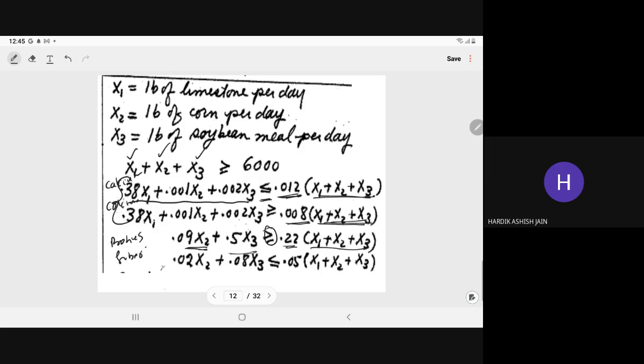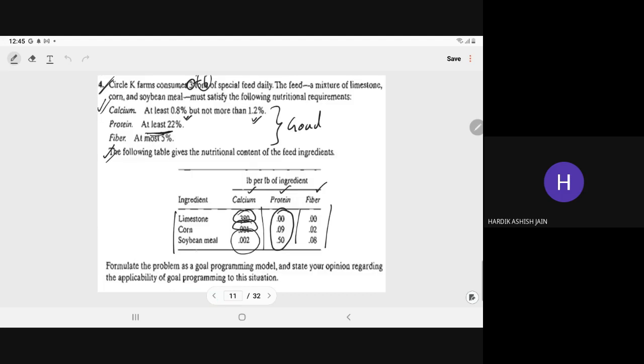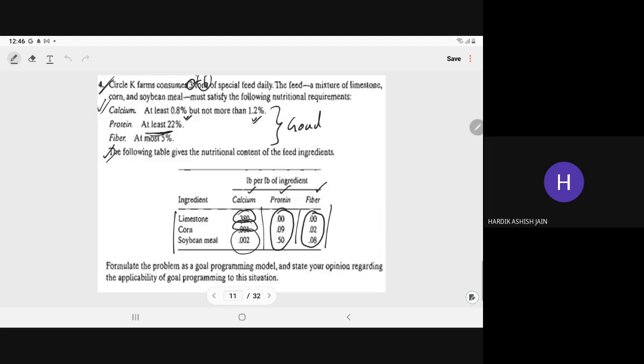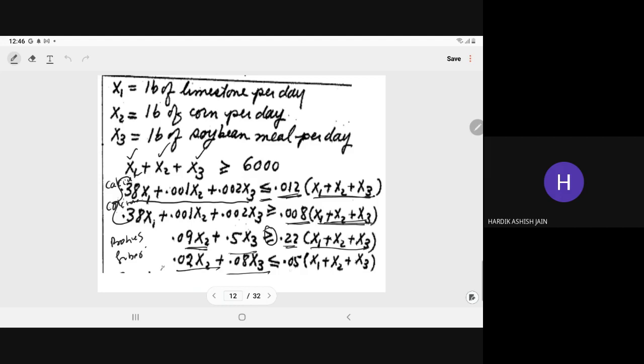Now fiber you get from either corn or soybean. So the total fiber will be 0.02 x2 plus 0.08 x3, and fiber must be at most 5%, meaning less than or equal to 0.05 of the total.